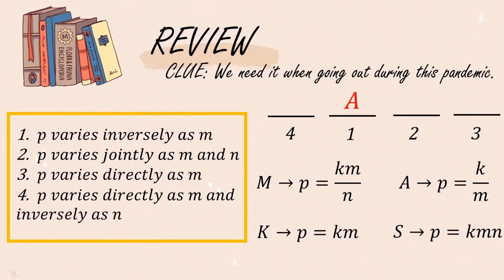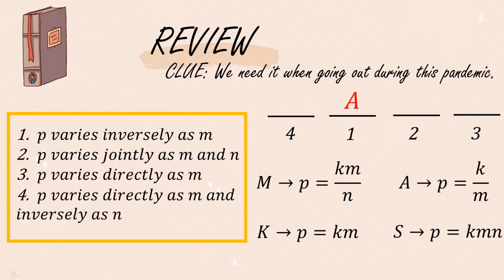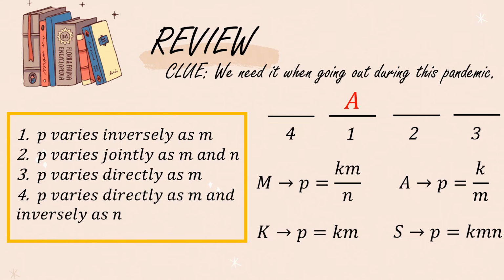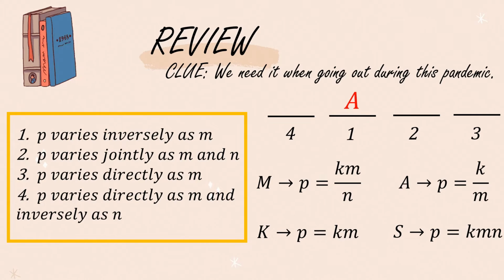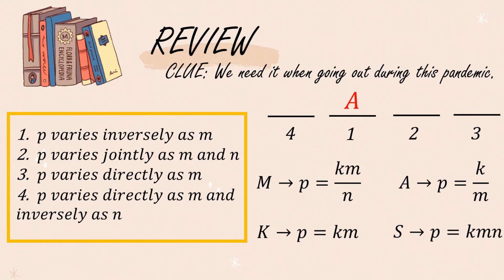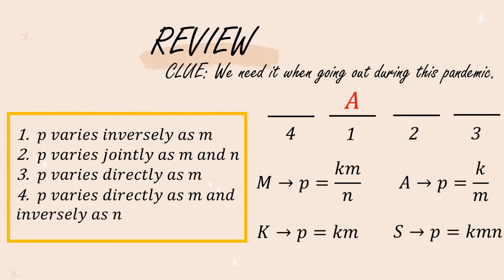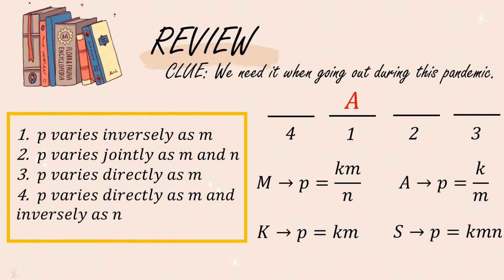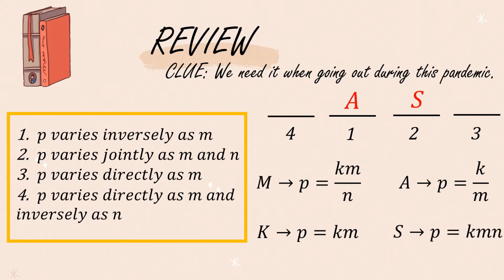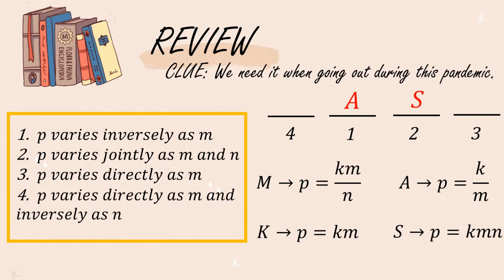Let us now proceed to number 2. P varies jointly as M and N. Which among the 3 letters is the mathematical equation of number 2? Tama! The answer is S. P is equal to K times M times N, or P equals KMN.